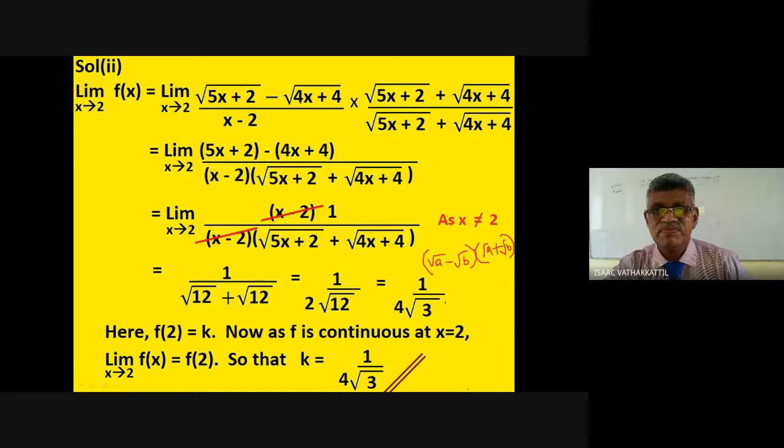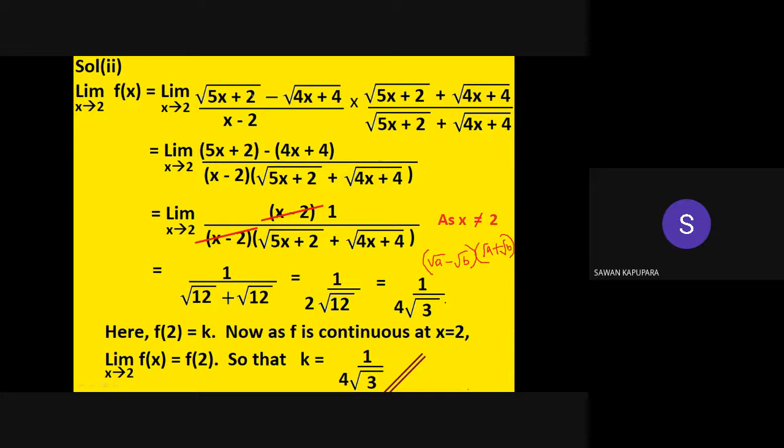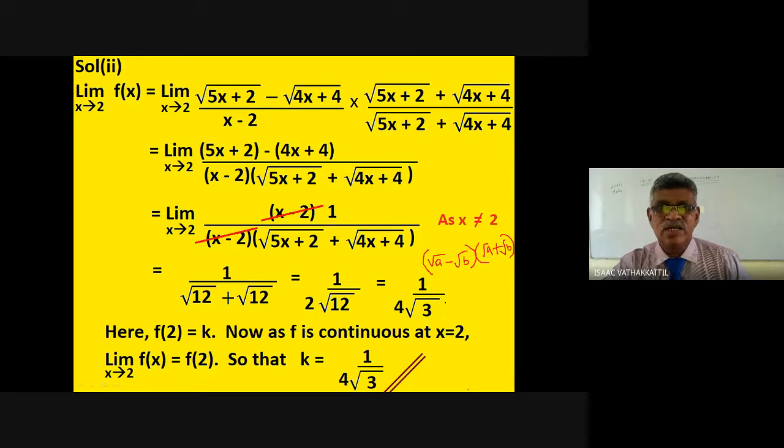Under root 5x plus 2 minus under root 4x plus 4, I multiply and divide with under root 5x plus 2 plus under root 4x plus 4, the rationalizing factor.